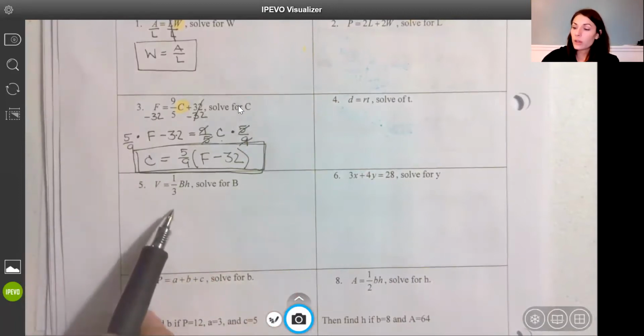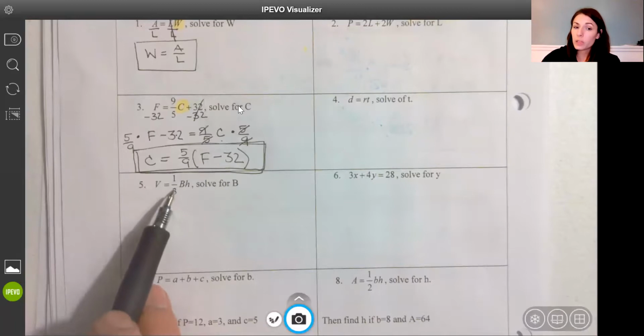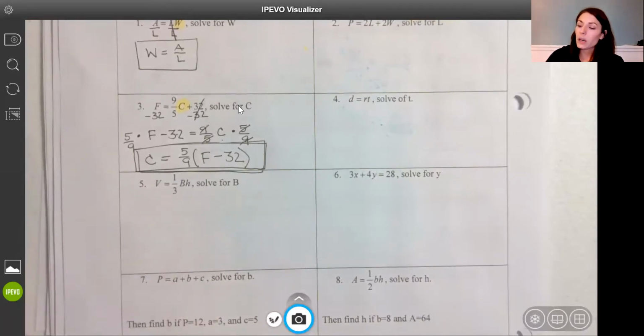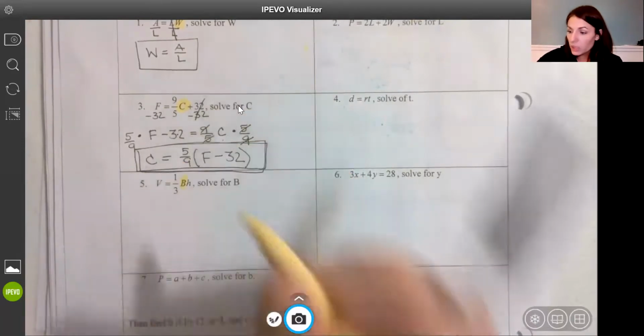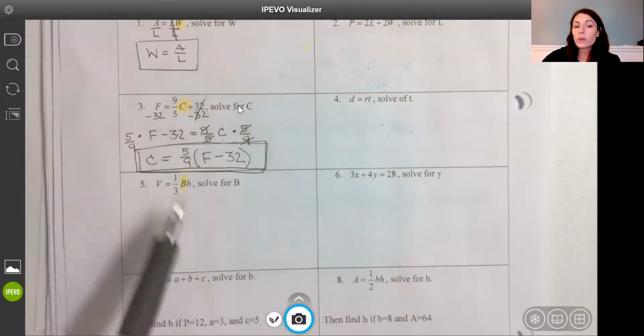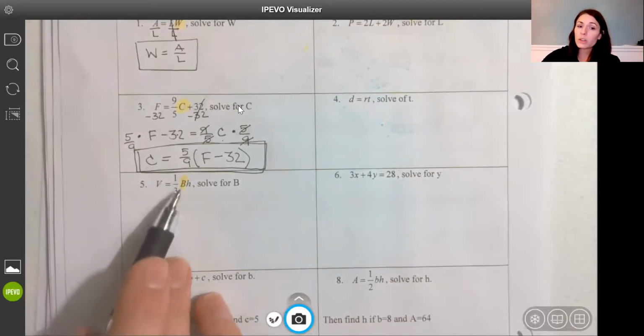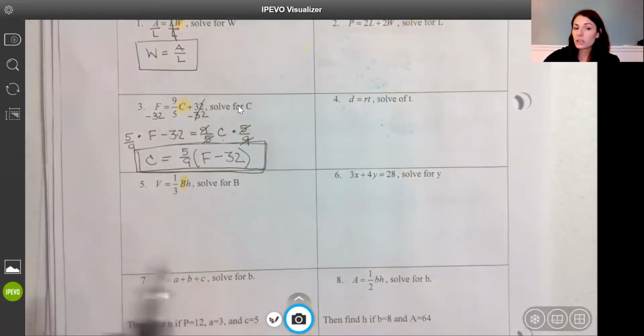Next, the volume equation: 1/3 base times height, or the area of the base times the height. We want to solve for our capital B here, the area of the base. I can start a few different ways here. I'm multiplying by 1/3 and multiplying by h, so they are kind of the same priority in terms of solving.